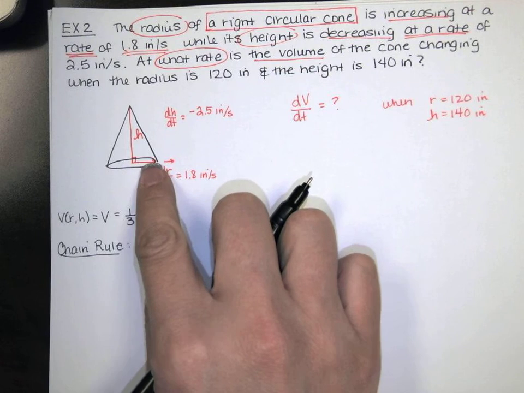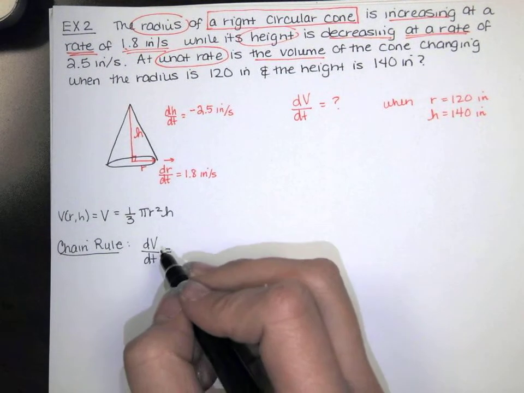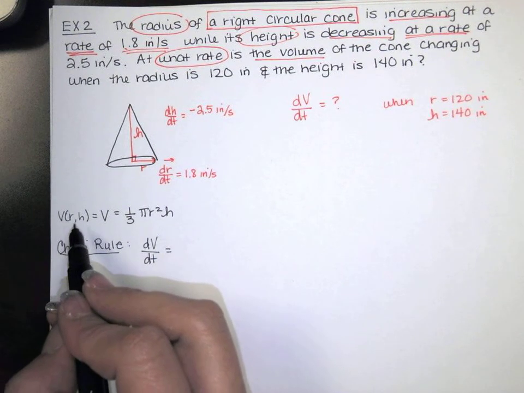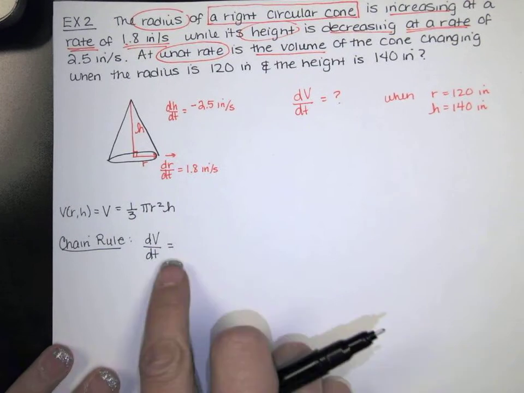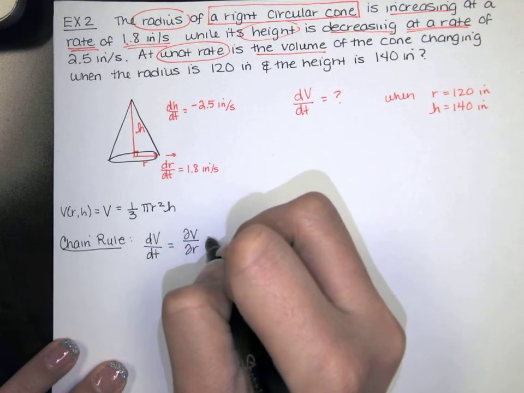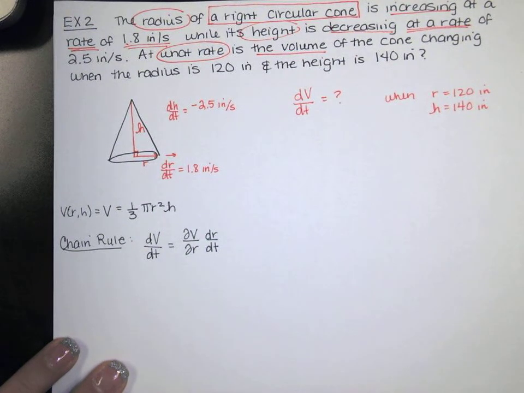Well, the radius is changing with time and the height is changing with time. We have the volume as a function of two variables, the radius and the height. So our chain rule is going to have two terms. The volume is going to change due to changes in the radius at this rate.